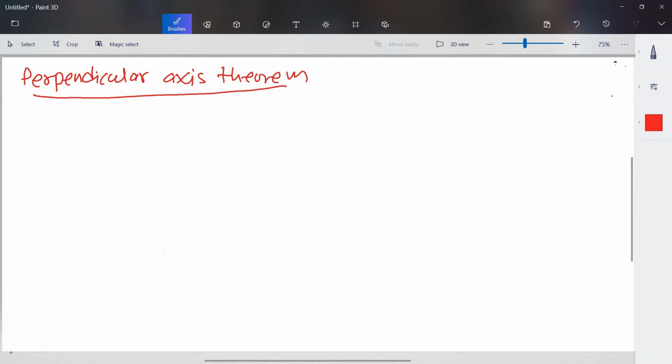For applying the perpendicular axis theorem, we should know we can apply it only to 2D objects.